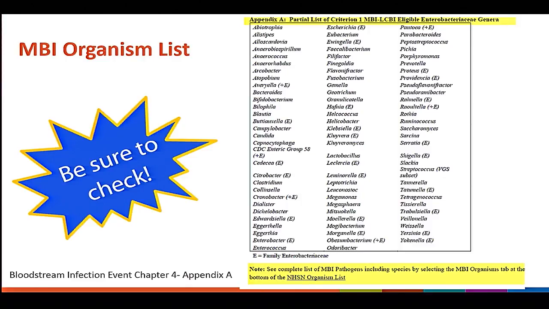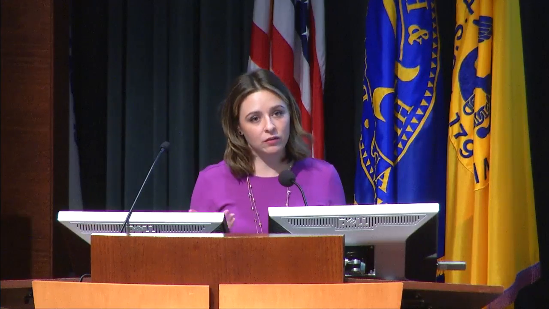I know that Kathy reviewed some of this yesterday, and this will be reviewed again later within the week, but I just wanted to briefly touch on the fact that if you aren't sure whether an organism is an MBI organism or not, the BSI protocol does have an appendix that has a condensed list of these, and also has a link to the full list.